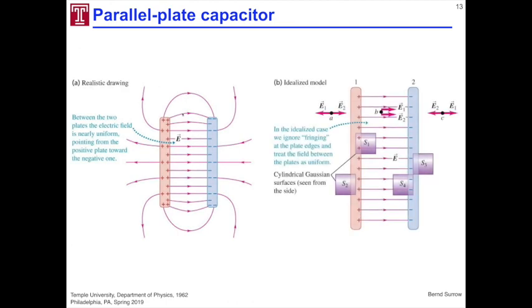This is a detail, an idealized model of the field set up between 2 charged plates. What I want to tell you right now before we calculate this, and it's a very, very important learning step, is that the field itself has a physical reality.